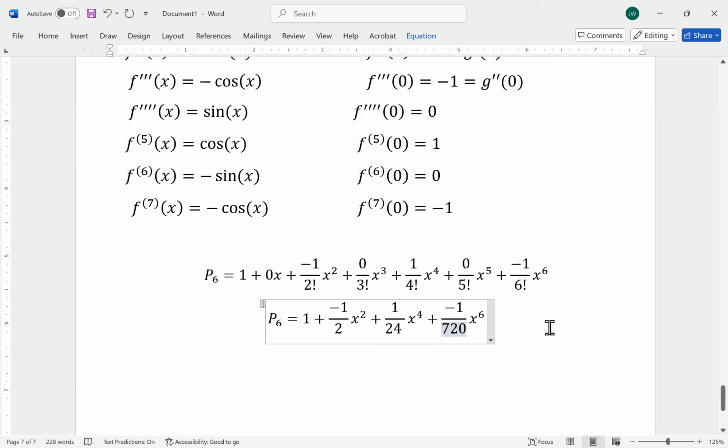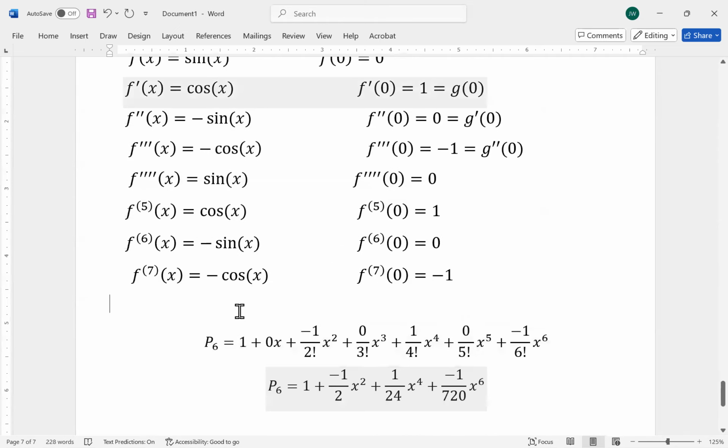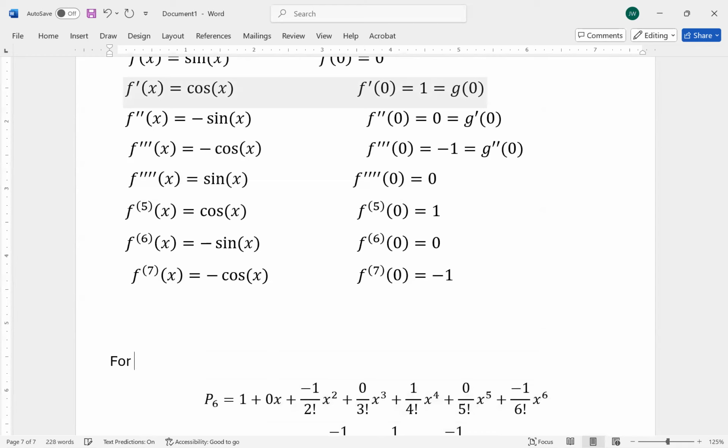And I just get these 4 terms. Interestingly enough, as you can see, this degree 6 polynomial only picks up even powers of x. Again, this one was for cosine.